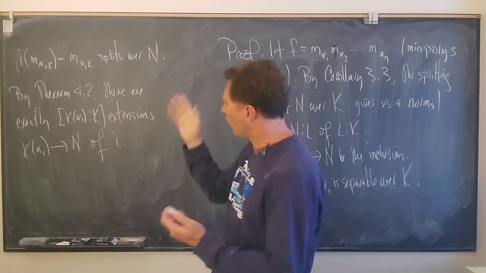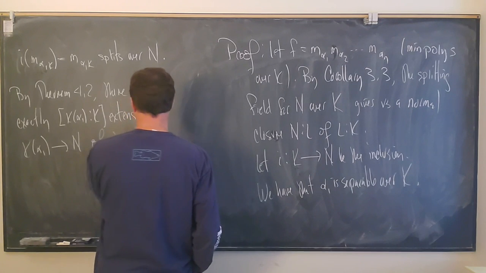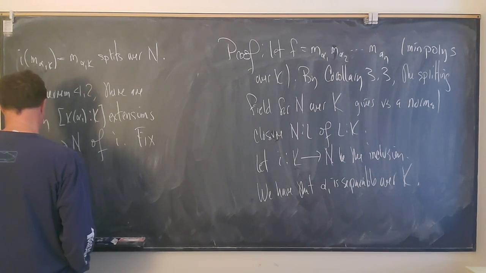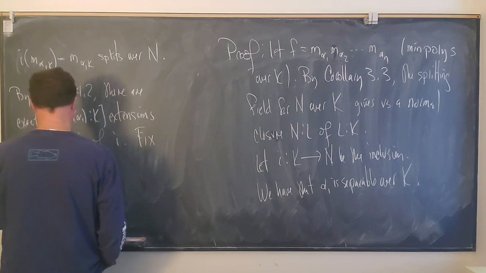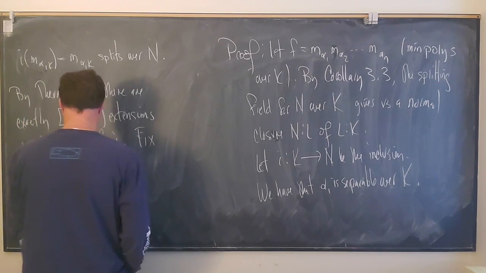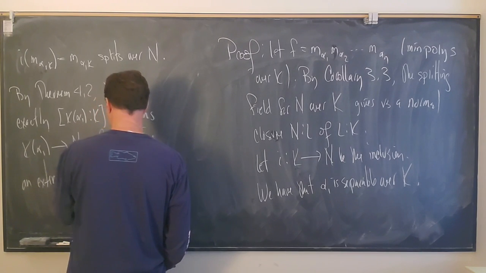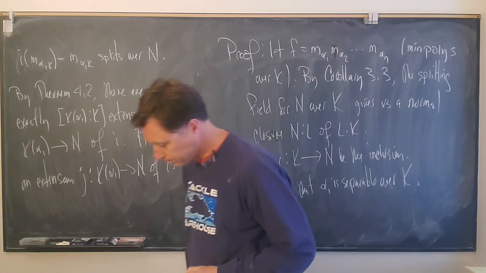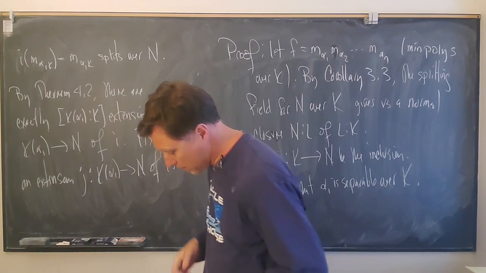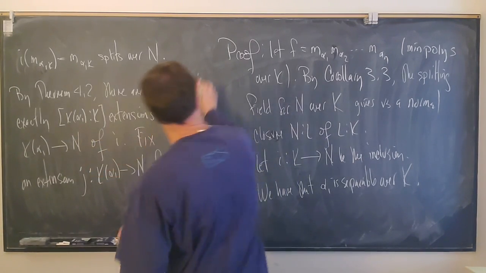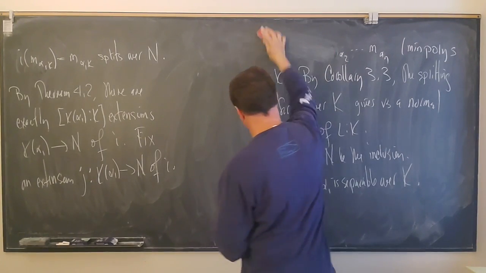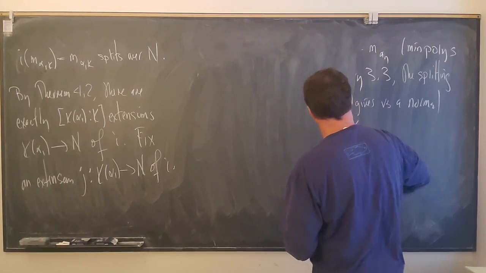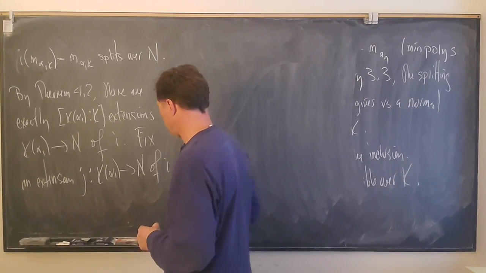And now let's just pick one of them. I'm going to call it J. So let's fix an extension, little j, from K adjoin alpha 1 to N of little I. Now we're going to move on to alpha 2.